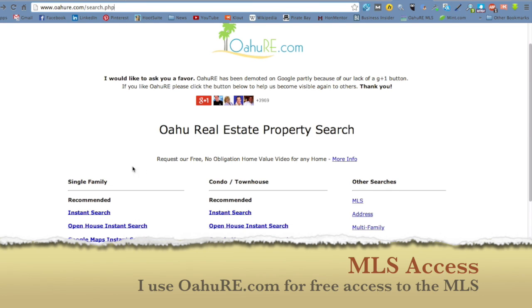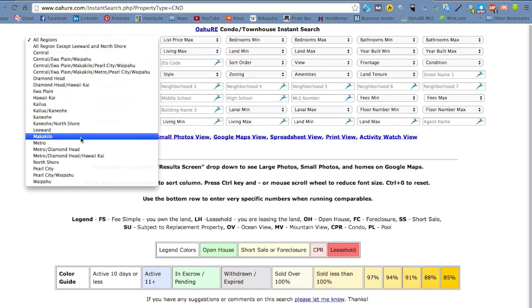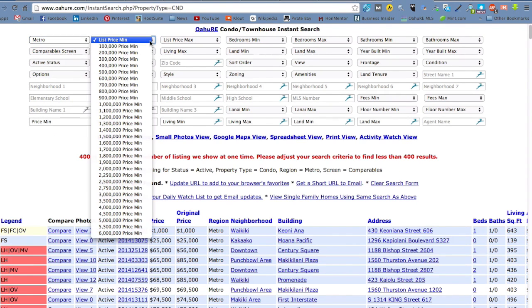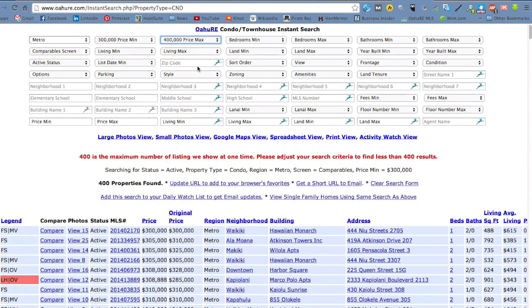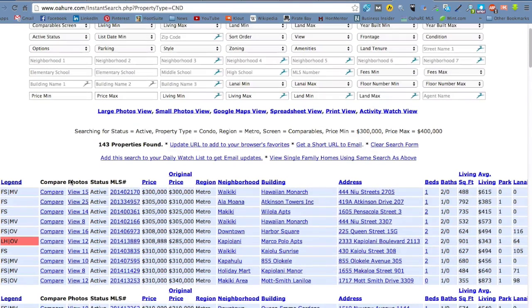So my purchase price is going to be $340,000, and I'm going to select a region. We'll select Metro, that's in town in Waikiki. So if my buy price is $340,000, I'm going to set a minimum price of $300,000 and a maximum price of $400,000, just to narrow down this screen of MLS one-liners here.